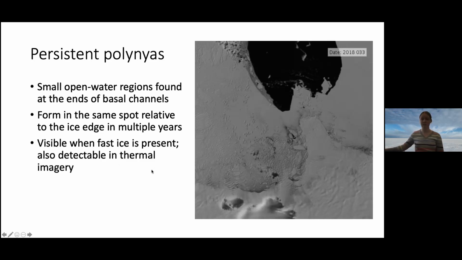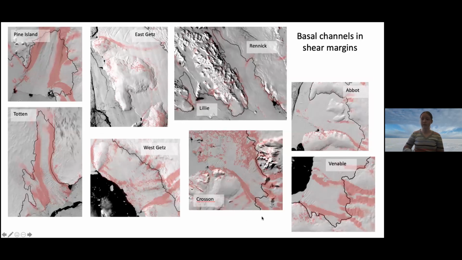Often we can see them, often they're also visible on the surface. But those persistent polynyas really give us a good idea that there's channelized melt happening underneath the ice shelf that's delivering a plume with enough buoyant energy that it rises directly vertically as soon as it exits the ice shelf cavity.